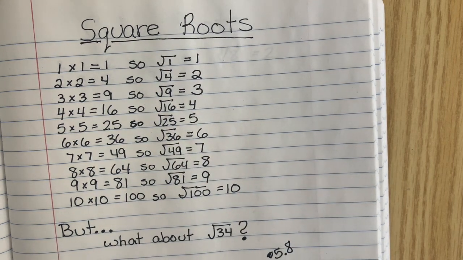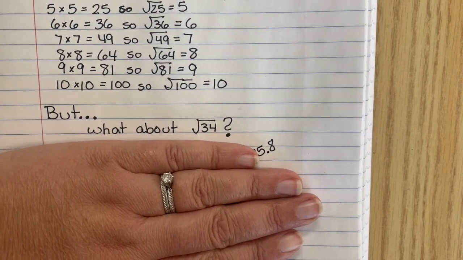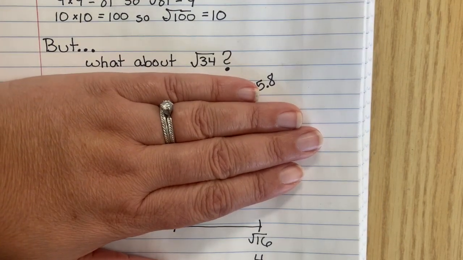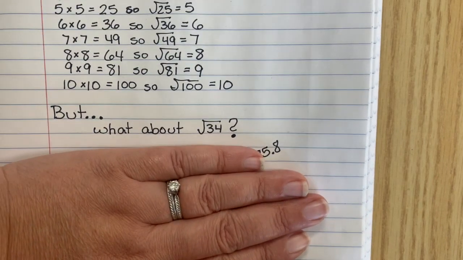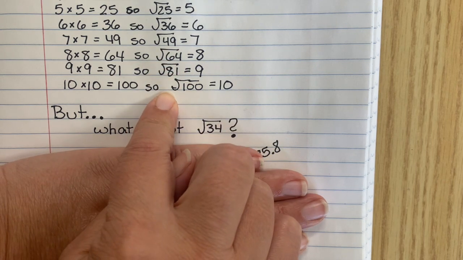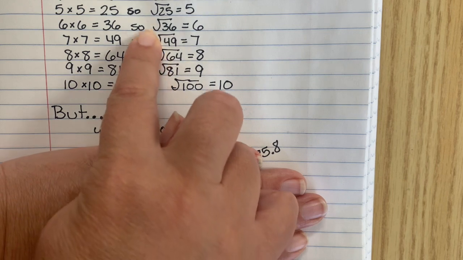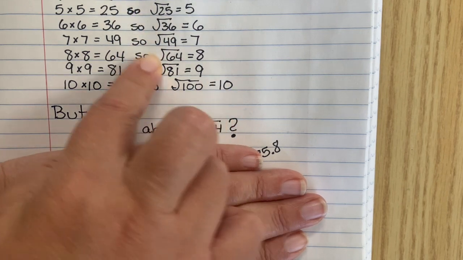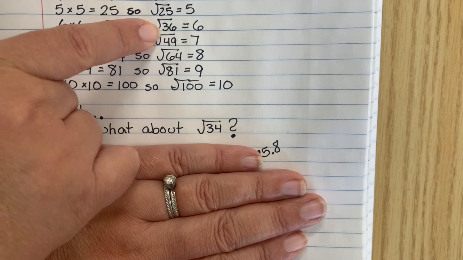And the problem comes in what happens when we have something that is not a perfect square, such as the square root of 34. If you look up here, there is no square root of 34. So I have to ask myself in this list, what numbers are the square root of 34 between? And if I look up here, 34 is between 25 and 36.